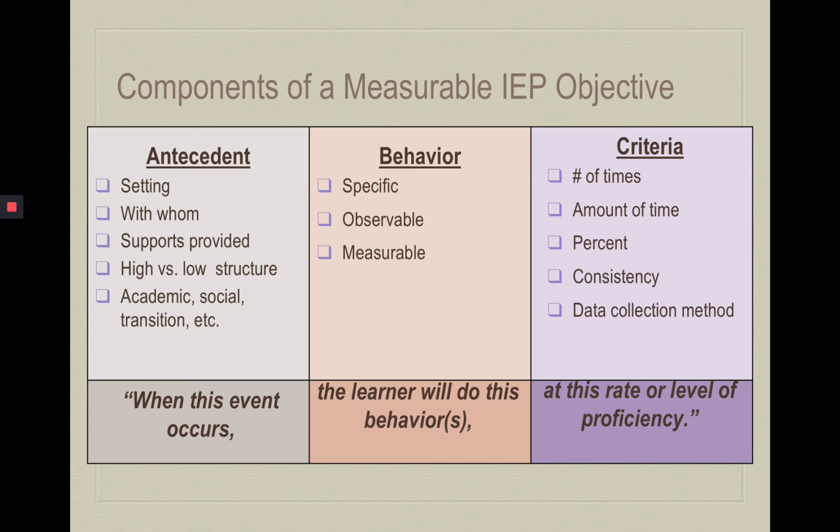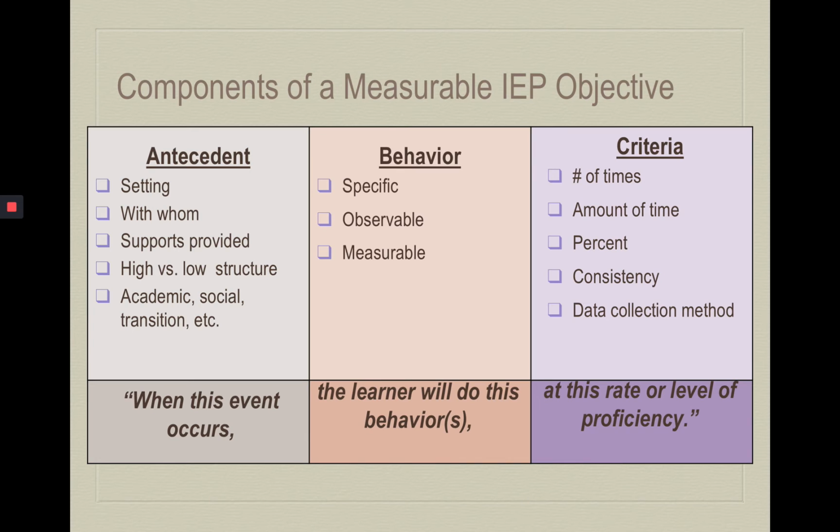So during highly structured activities, so during specific teacher-led activities, student will be able to blank, right? Or maybe you want them to do it in low structured activities, such as recess, lunchtime, choice time. Like these are activities that don't have a lot of structure imposed upon them by the educator.